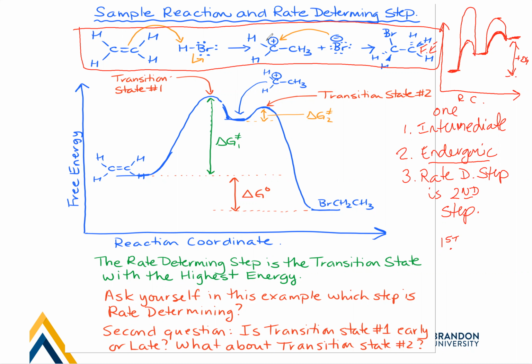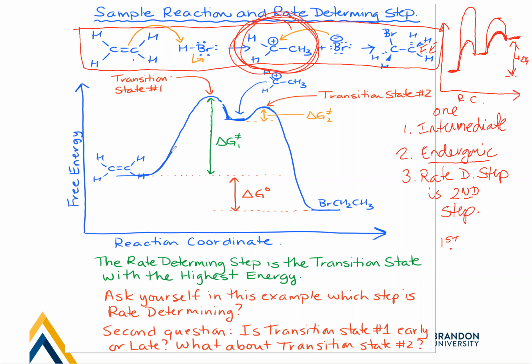Let's pretend there aren't any arrows here. So we've got our starting materials, should be over here. We got this intermediate and this final product. If you were to say to yourself, okay, the most unstable species out of all of these has got to be this carbocation, right? So forming this has to take quite a bit of energy.